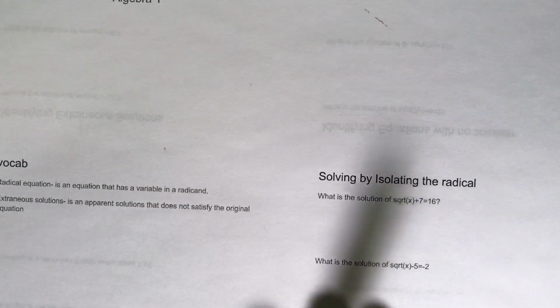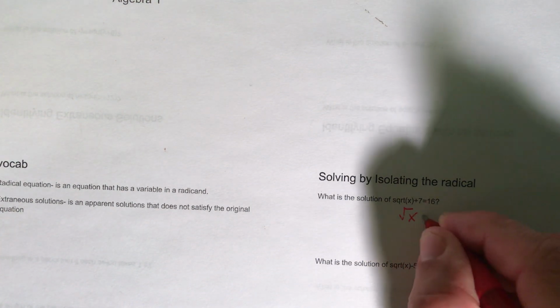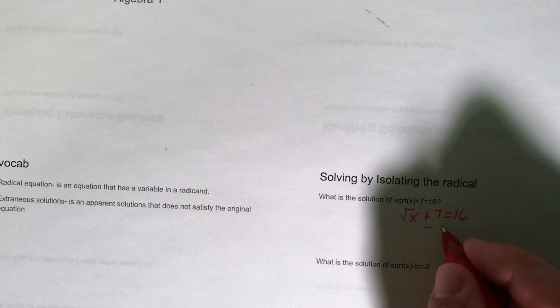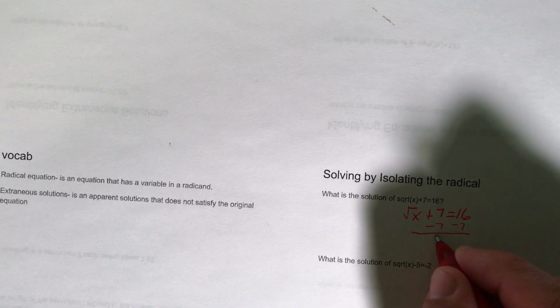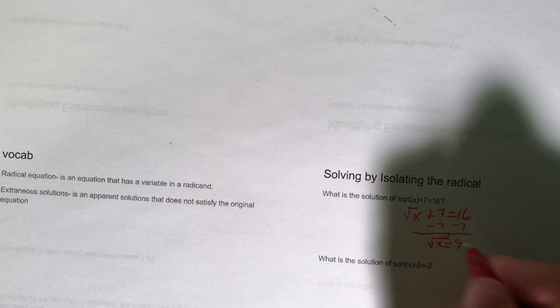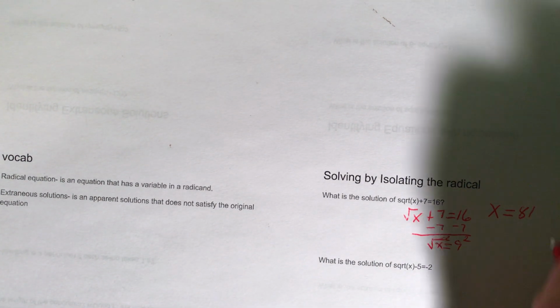So here we have the square root of x plus 7 equals 16. Well, we'd have to minus 7 from both sides. We'd end up with square root of x equals 9. We'd have to square both sides because that would get rid of our square root. So we get x equals 81.